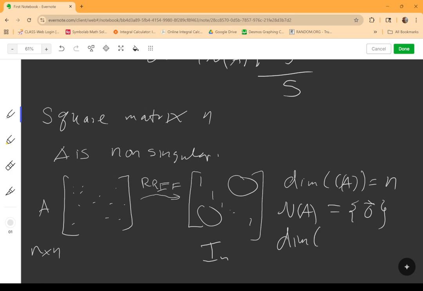So we define the dimension of the null space of A here to be 0. If a set just contains the 0 vector, we call the dimension 0, and n plus 0 is still n. So it still holds that the rank plus nullity is the number of columns.